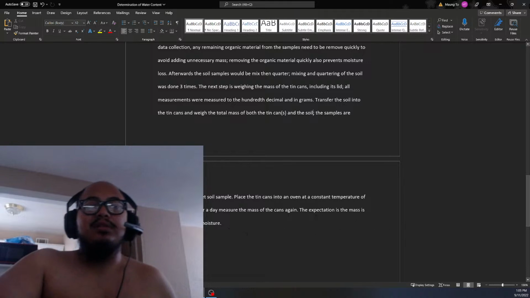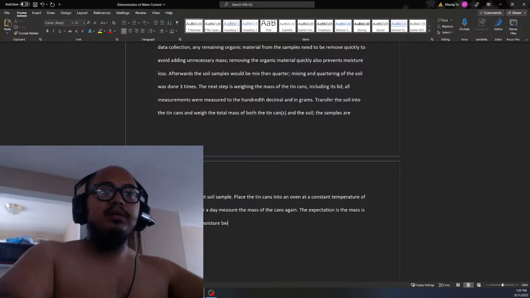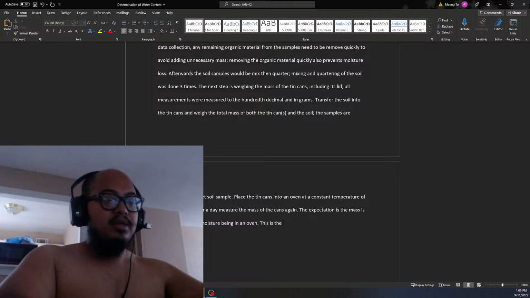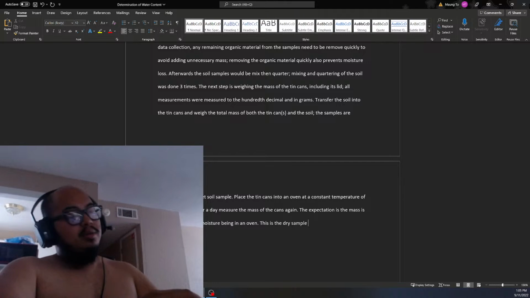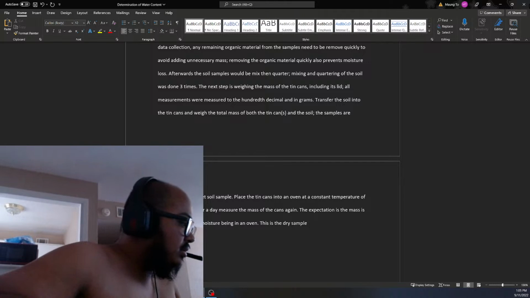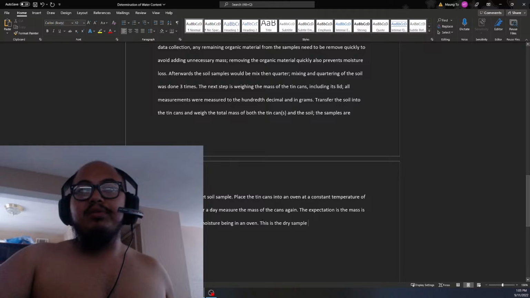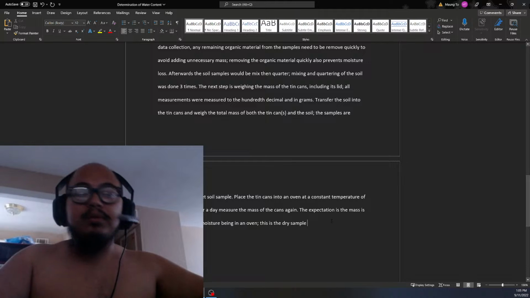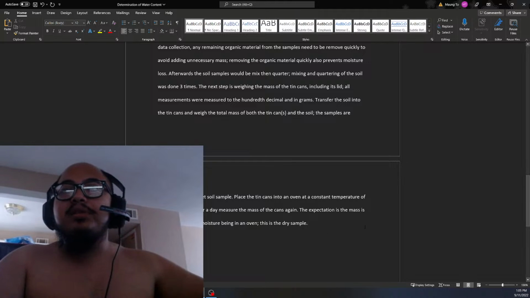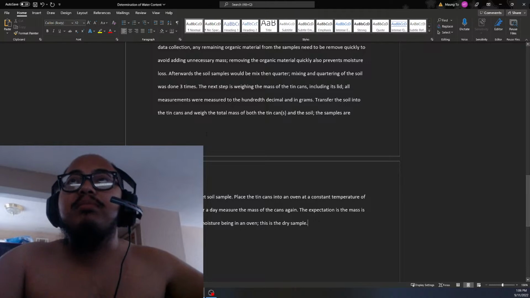The expectation is that the mass is less due to the loss of moisture from being in the oven; this is the dry sample.